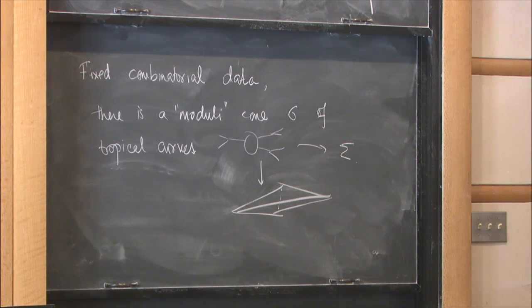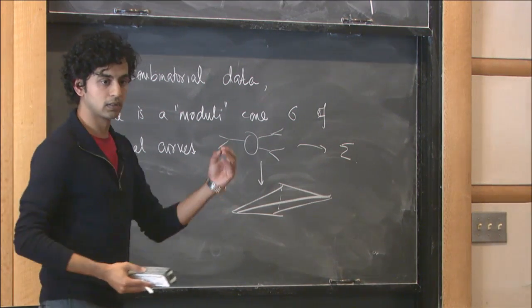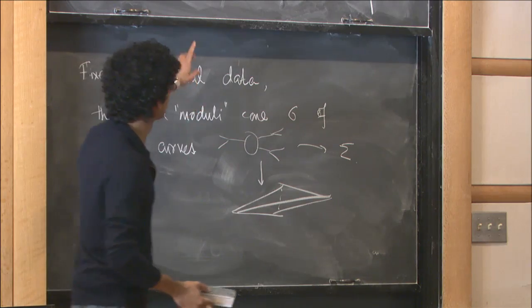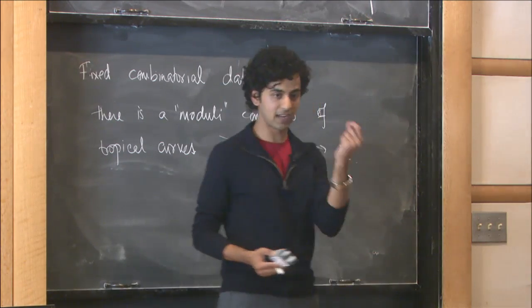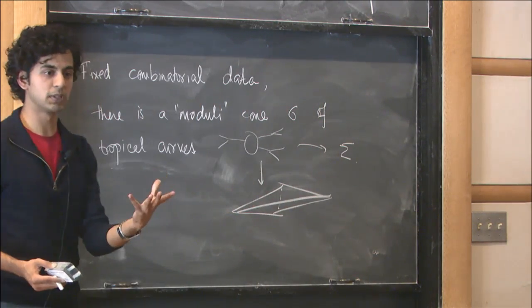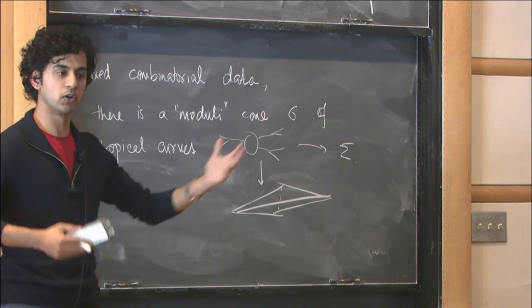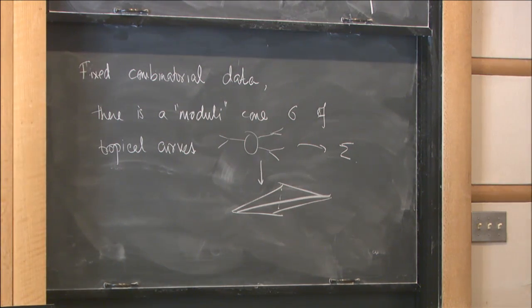What happens with the vertex of your cone? You only see the directions at infinity? Yeah, I only see the directions at infinity. So the vertex of my cone corresponds to the graph that has a single vertex and a bunch of unbounded edges, and the unbounded edges go to infinity in the directions that my contact order prescribes.